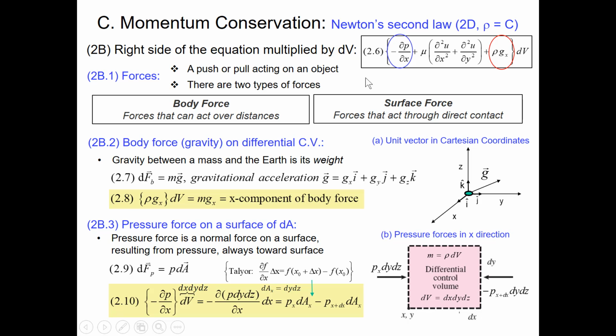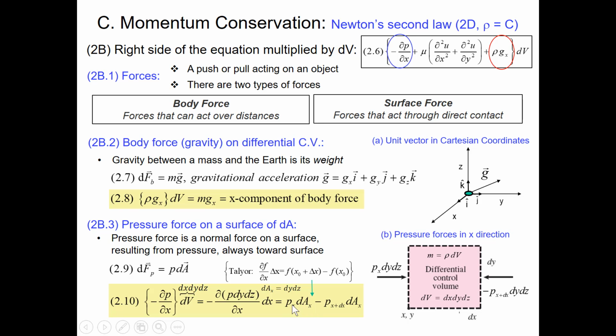For the first term in this equation, we represent differential control volume dV with dx, dy, and dz. Next, we take dy, dz into the derivative. P, pressure times area, is the pressure force.